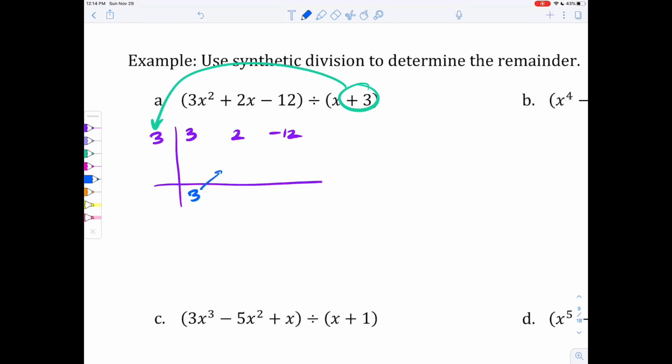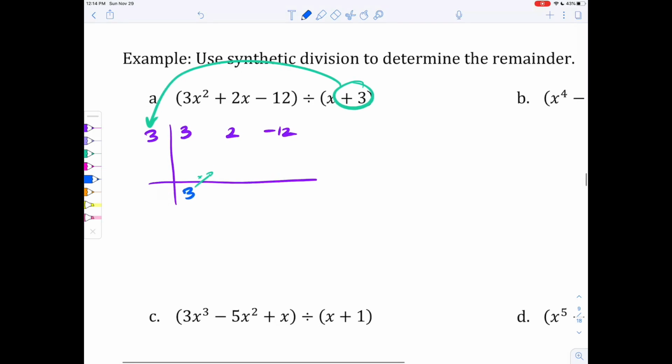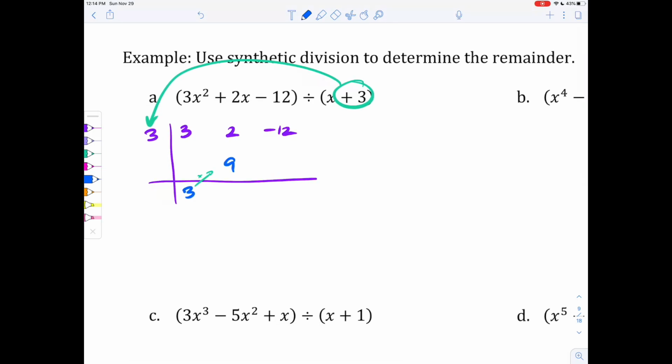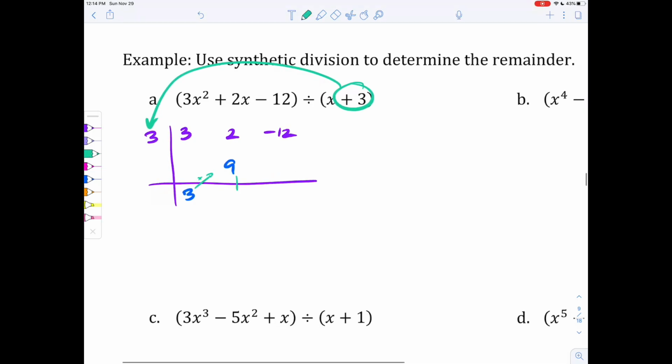To go here, we multiply. And that's 3 times the 3 that's over here, which gets us 9, if I know how to multiply. To go down, we subtract. So 2 minus 9 is negative 7.